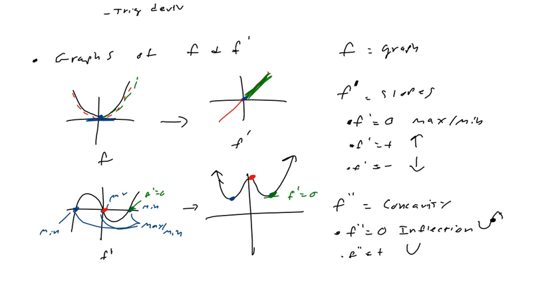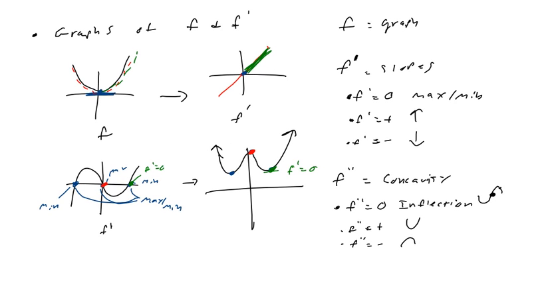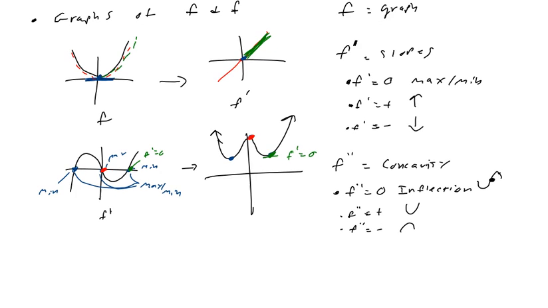And if F double prime is negative, it's concave down. So those are things to remember about graphs of slopes and equations, how to translate between these values.